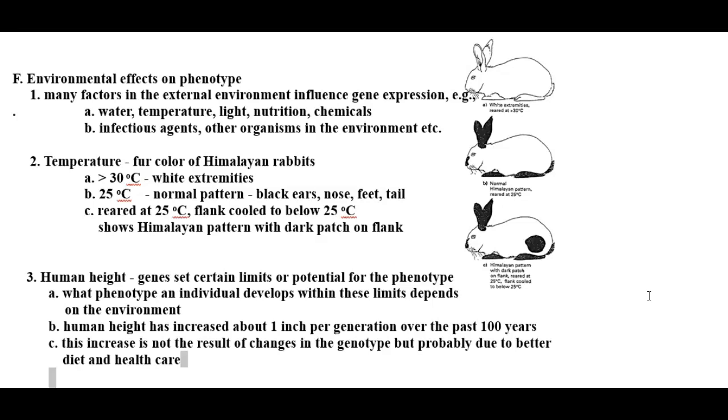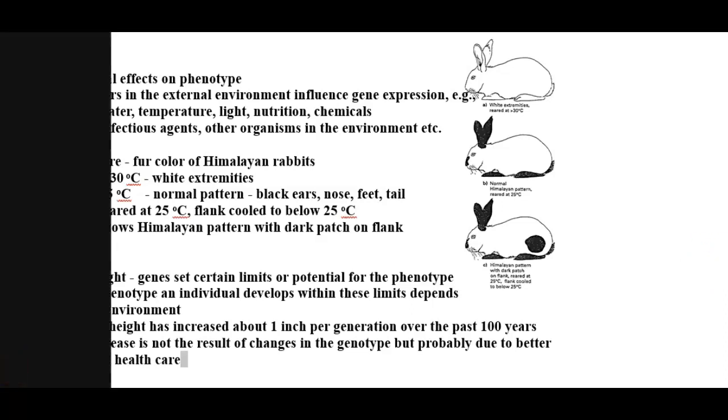So what phenotype an individual develops within these limits depends on the environment. And the human height has increased about 1 inch per generation over the past 100 years. It's probably not because of a change in the genotype, but maybe because of the environment, better nutrition, better health care, more time to exercise.